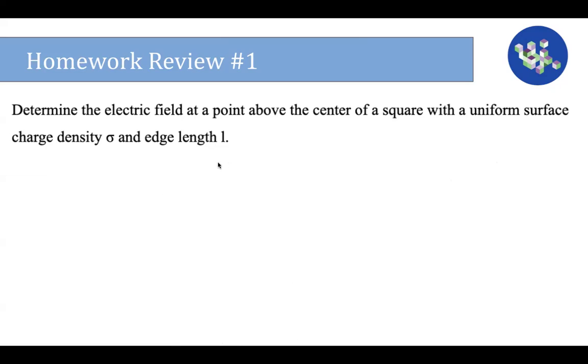So we can use Gauss's law. We can say that the integral of E dot dA equals Q over epsilon naught. So basically we have this square, we have our point.